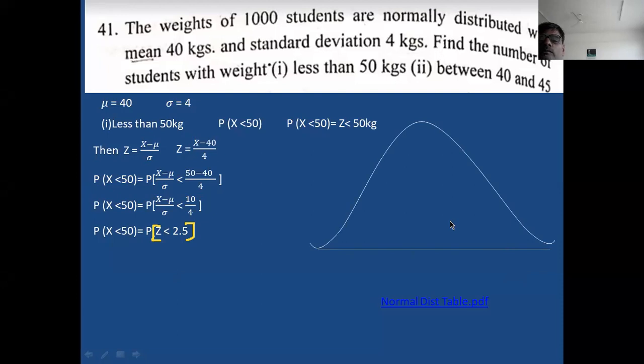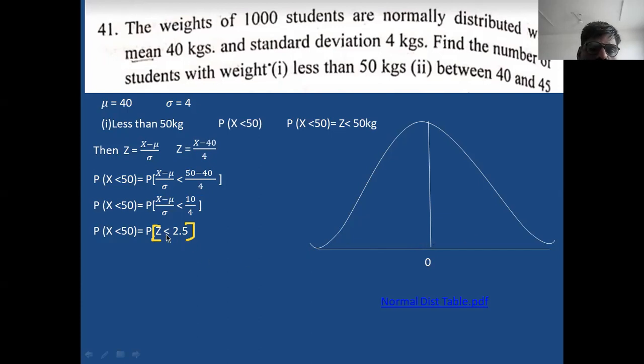In the middle, you give one line. This is 0. This is the normal distribution curve. Left hand side is 0.5, right hand side 0.5. Remember this. The left hand side portion is minus, right hand side is plus.